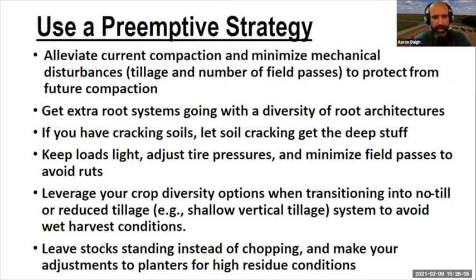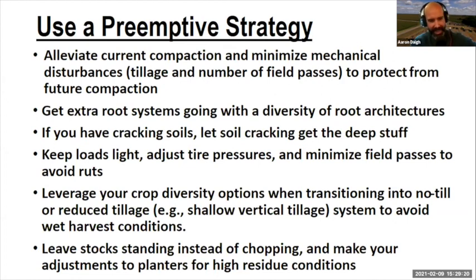And really lean into leveraging the crop diversity options that we have up here. If you can get some short seasons into your rotation, particularly with these wet harvests that we've been having in previous years, it helps you shift your timeline. You're trying to build up the strength and structure of your soil to where you stand up and your equipment will stay on top and not compact.